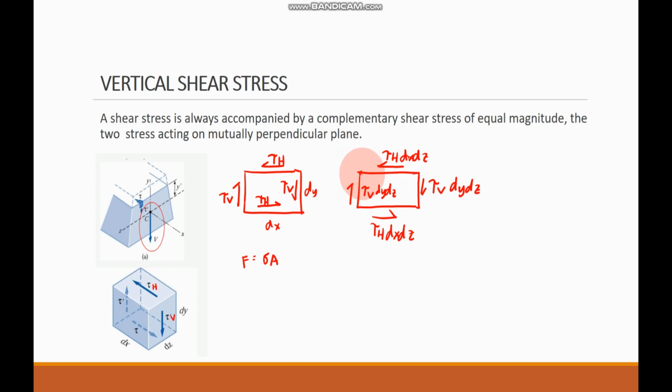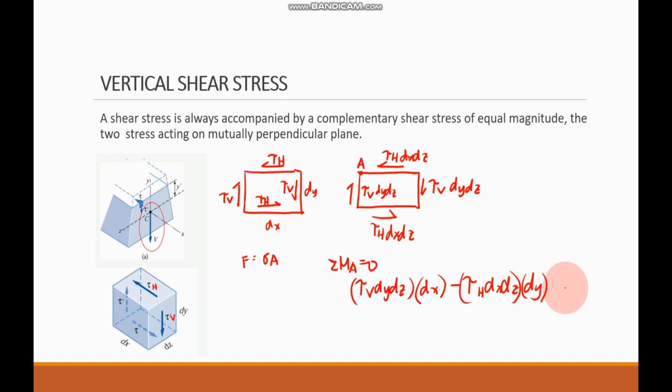Let us put point A here. So by taking the summation of moment at A is equal to 0. So we have shear stress vertical multiplied by dy dz. So the moment arm would be equal to dx, tama? And then we have also minus the horizontal shear stress multiplied with dx dz and then moment arm is dy, is equal to 0.